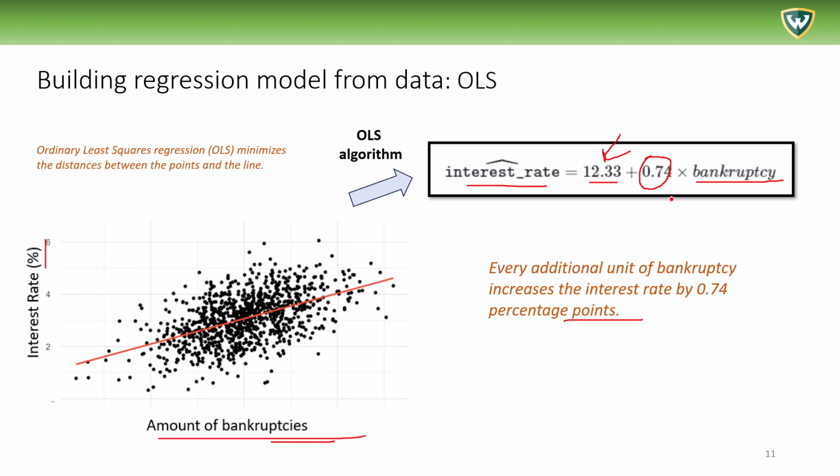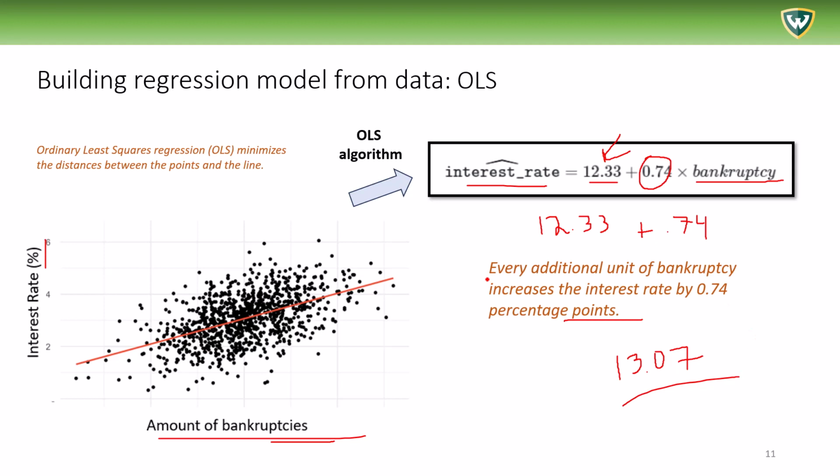That's different. So in this case, it's just 0.74 points. So if a person has 0 bankruptcy, it's 12.33 plus 0, as we just saw before. But if the person has 1 bankruptcy, then we add 0.74. So the interest rate would be 12.33 plus 0.74, which is equal to about 13.07, right?